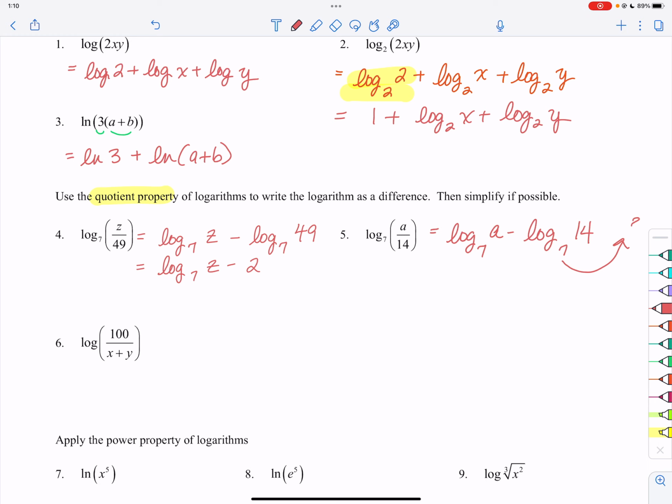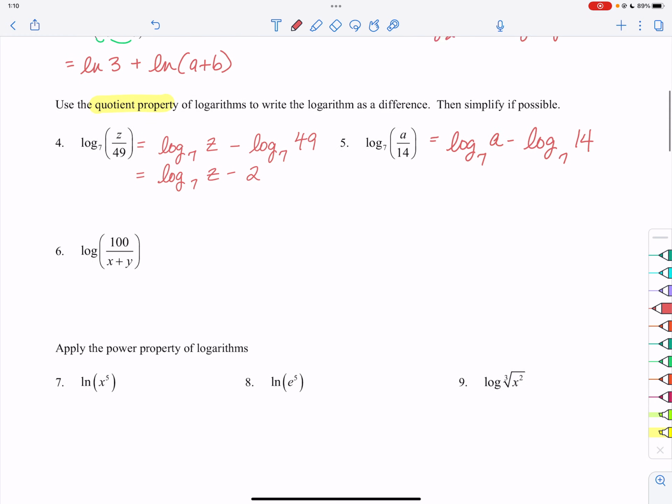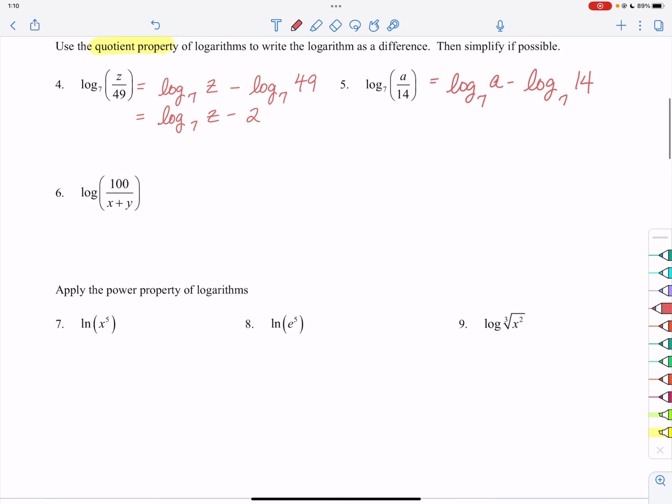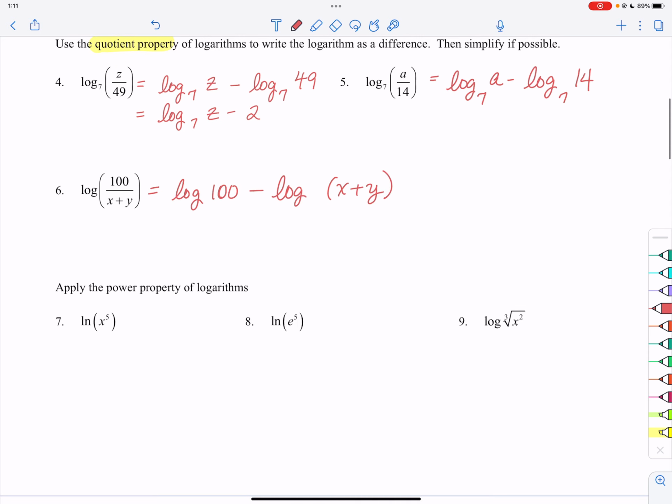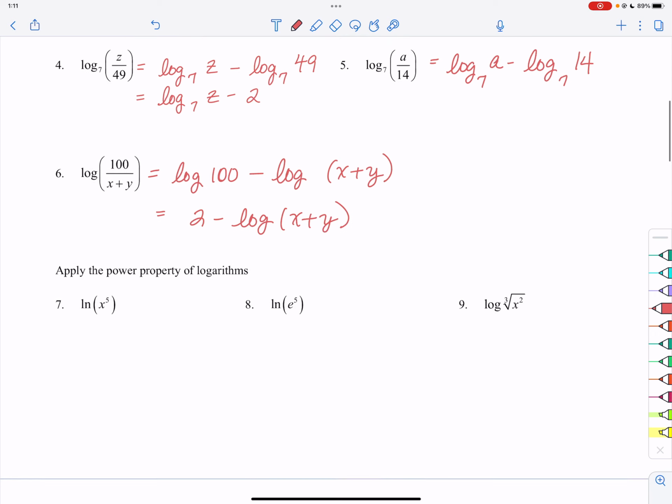Well, it would not be a whole number. Okay, let's look at number 6. Again, we have the log of a quotient, so we have the log of 100 minus the log of x plus y. And here we have 2 minus the log of x plus y.